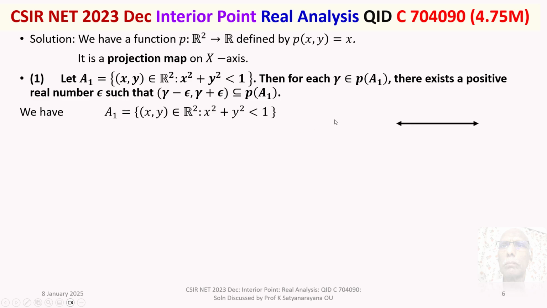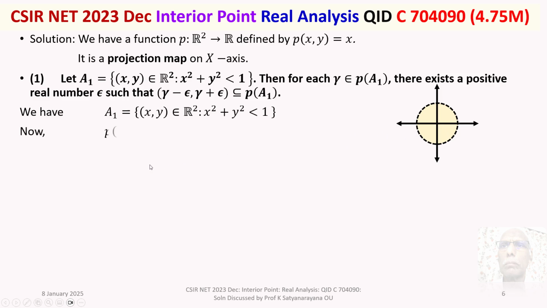And that is the x-axis, y-axis, and this is x square plus y square less than 1, all ordered pairs which lie in the circle, not on the circle. Open neighborhood of 0, unit disk, open unit disk.